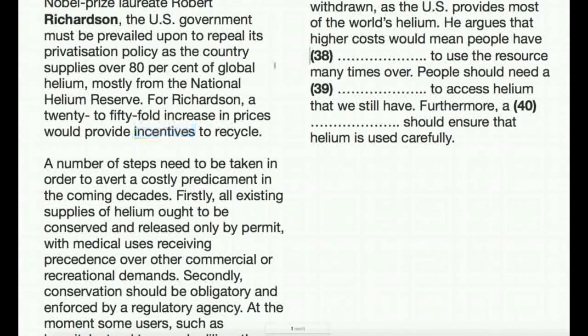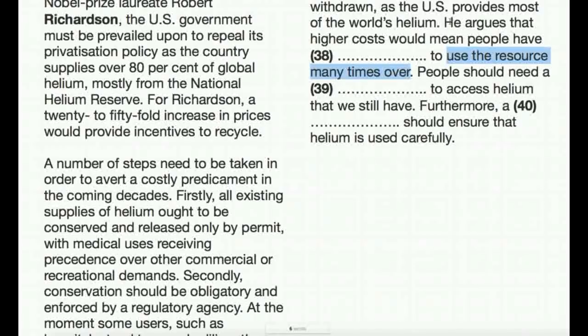So if we read through this a bit more carefully. For Richardson, a 20 to 50-fold increase in prices would provide incentives to recycle. As we said, using resources many times over, that's recycling.